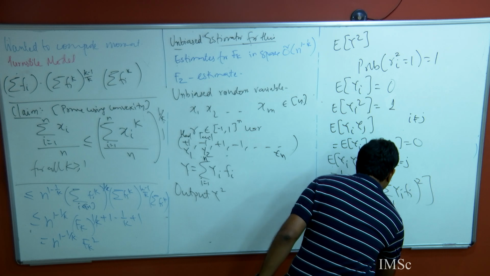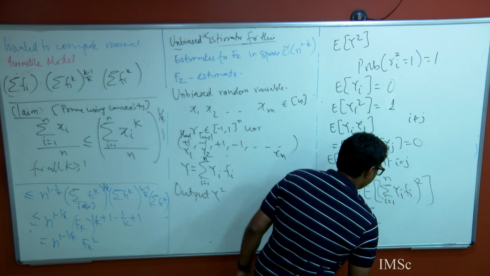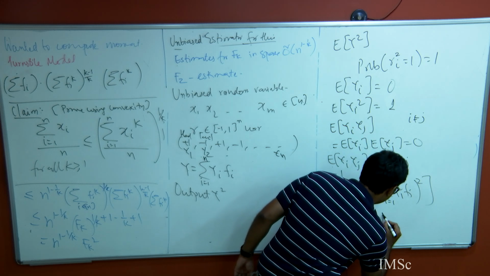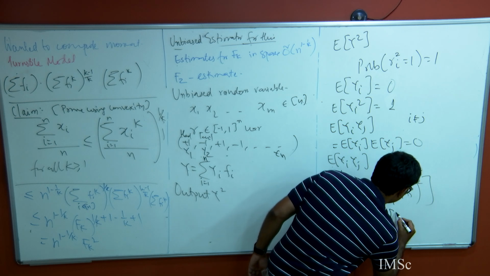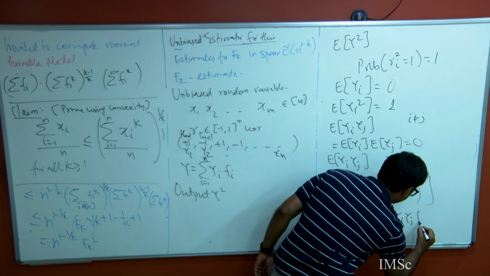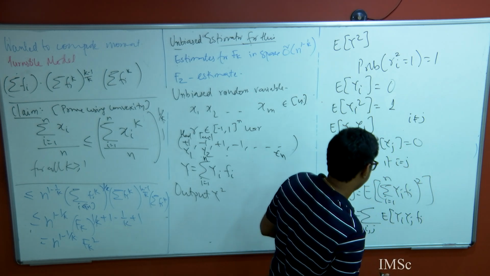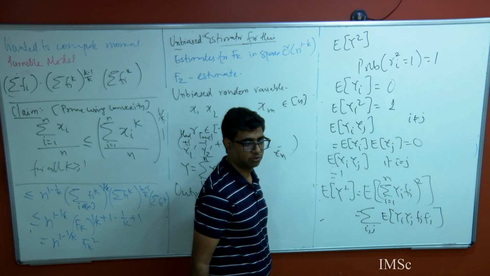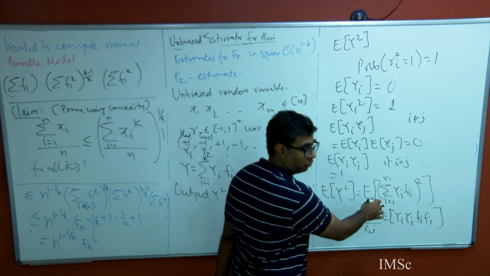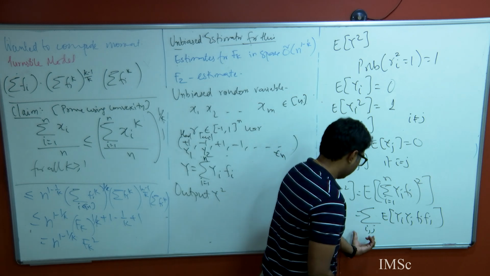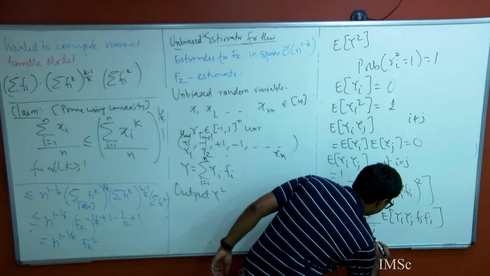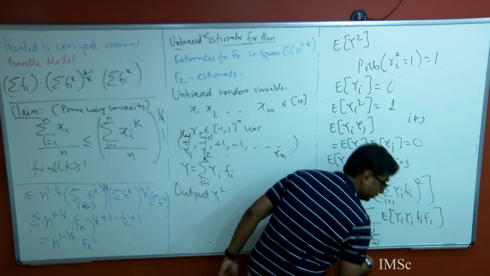So this is the sum over i, j of the expectation of Yi Yj fi fj, and since i is not equal to j terms vanish, we get i equal to j.